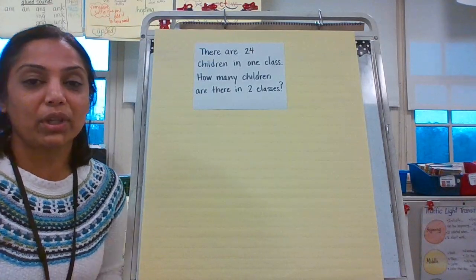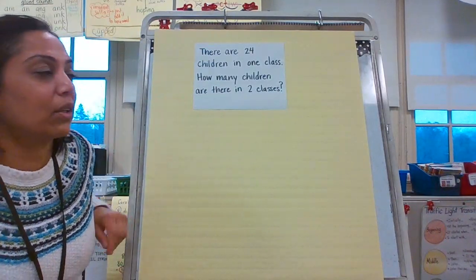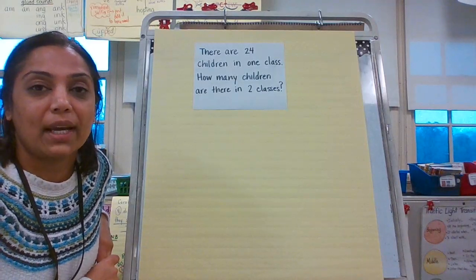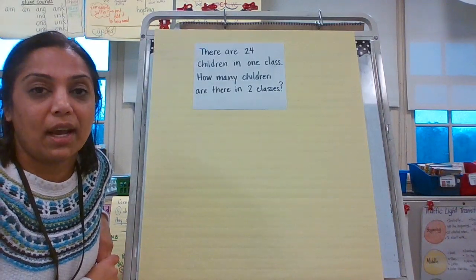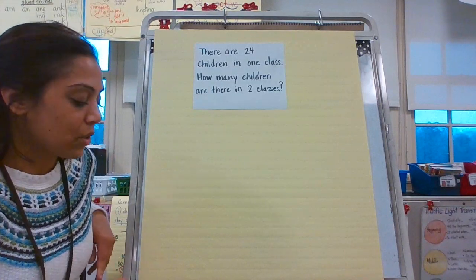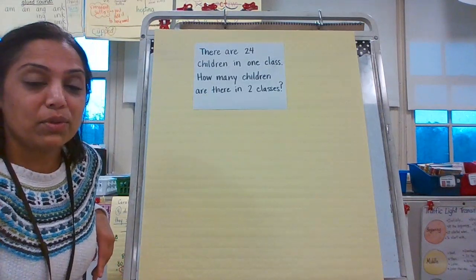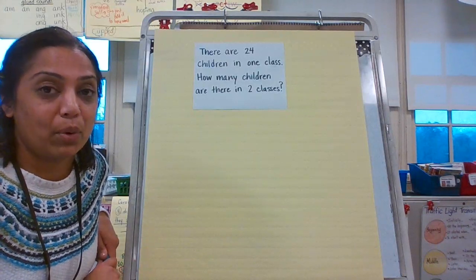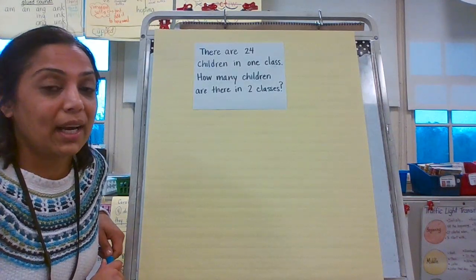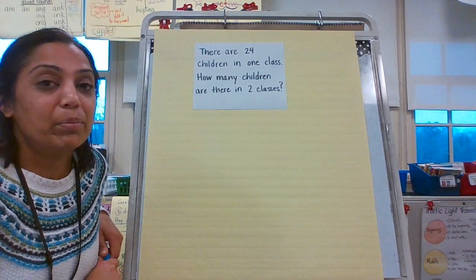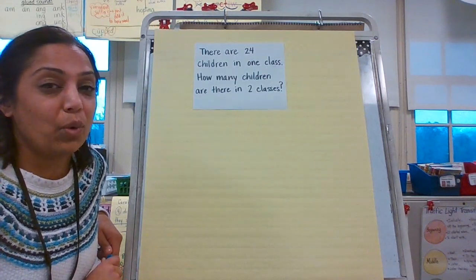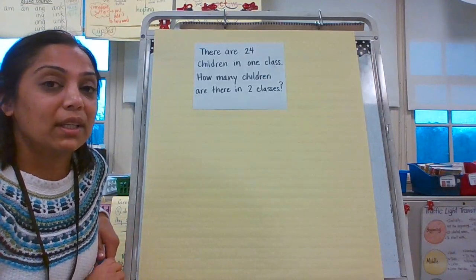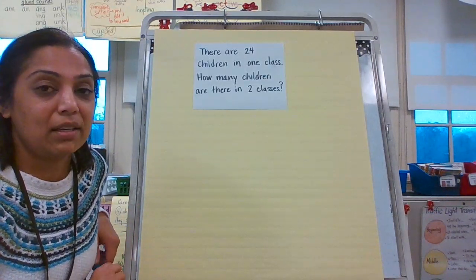So in class, we've been looking at word problems and looking at how we can mark the word problems up so we can go nice and slow and understand what the problem is asking. So let's go ahead and use CUBES. CUBES stands for C for circling numbers that might be important, U for underlining the question, B for boxing any keywords that might tell us what we need to do, E to eliminate information we may not need.